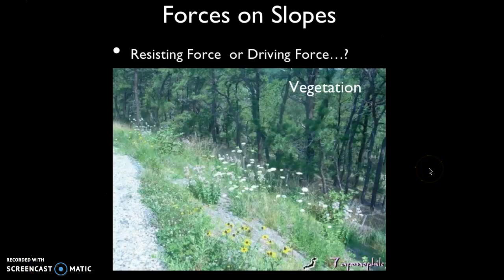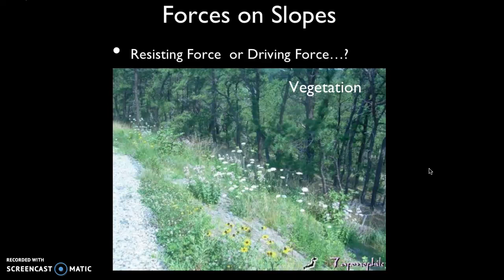So vegetation actually acts kind of both as a resisting force and a driving force. So remember that driving forces want to move things downslope, resisting ones oppose that downslope movement. So it's pretty, I guess, easy to imagine vegetation as being a resisting force because it gives more consolidation to the soils, as roots on the soils are going to make them more consolidated.